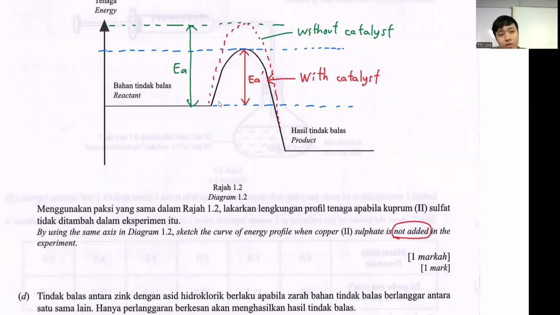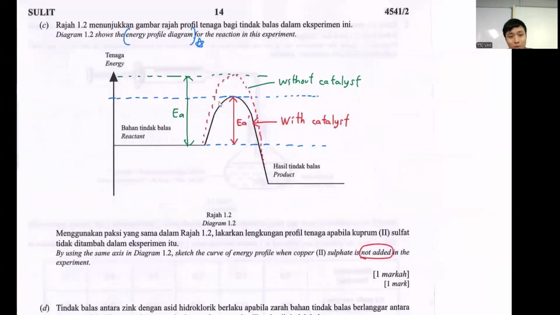One dotted, one straight line. Yeah, 1 mark. I know it's 1 mark, but yeah. Okay, and then next.